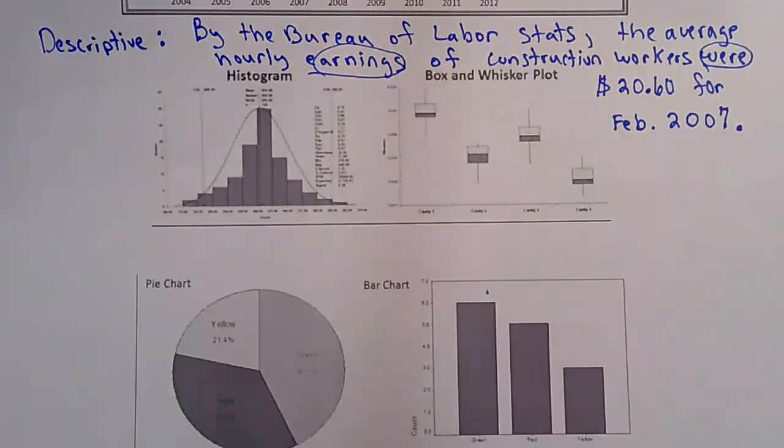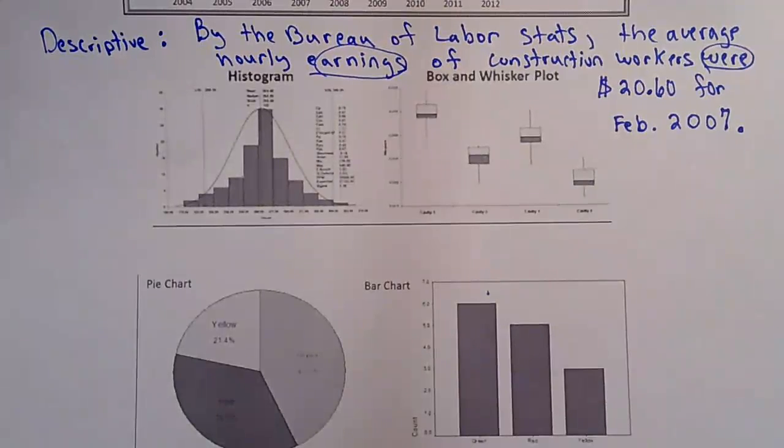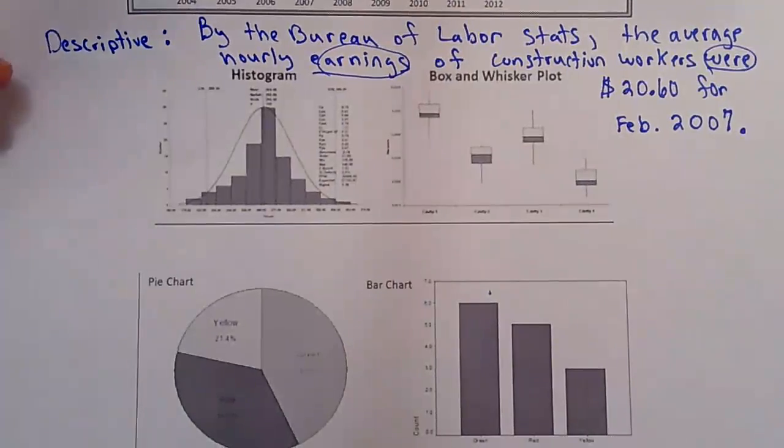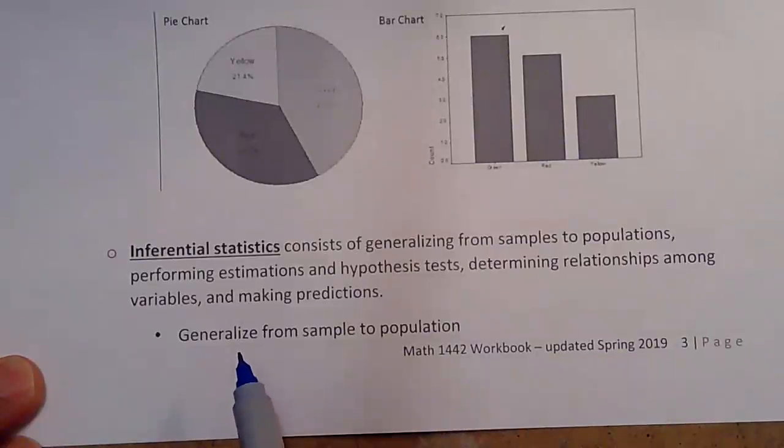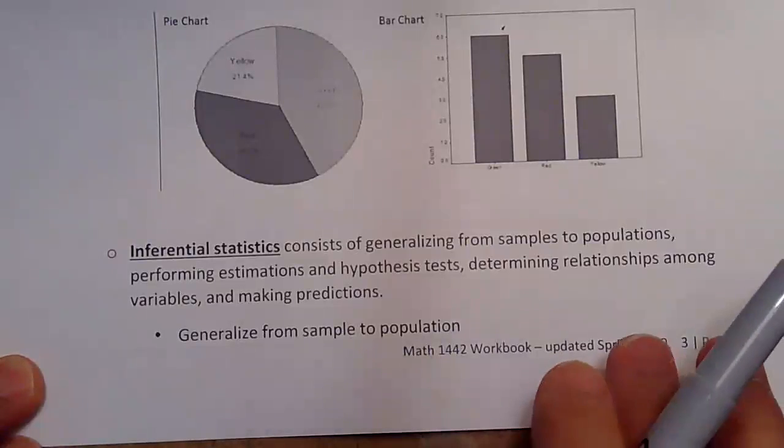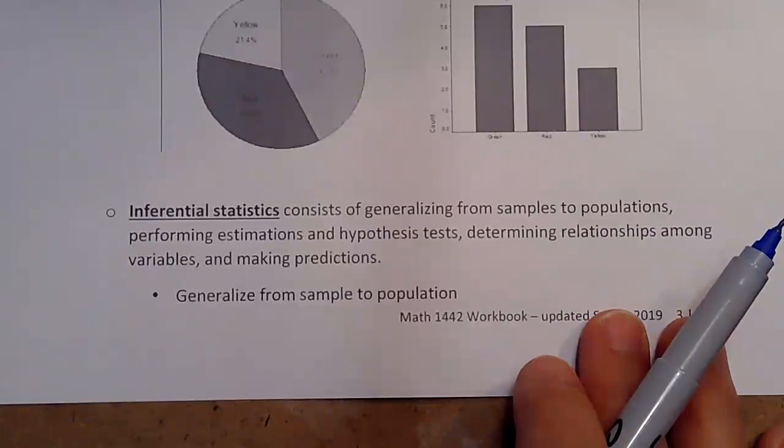You're performing estimations, and they even say you can do hypothesis testing, determine relationships among the variables, and also make predictions. If you see any of that going on in your statements, that is more towards inferential. The first bulleted item is generalizing from samples to populations.